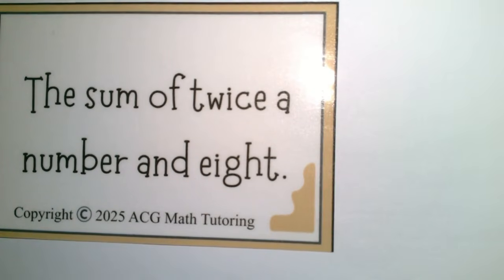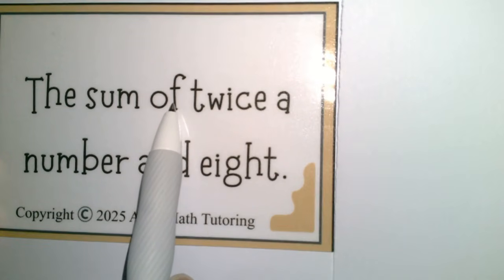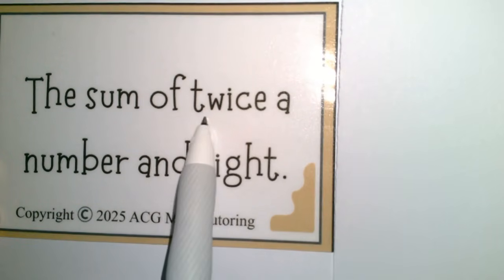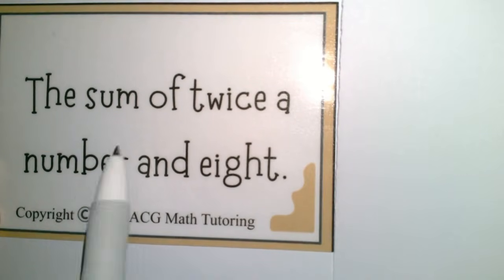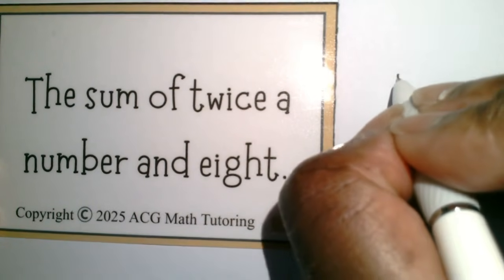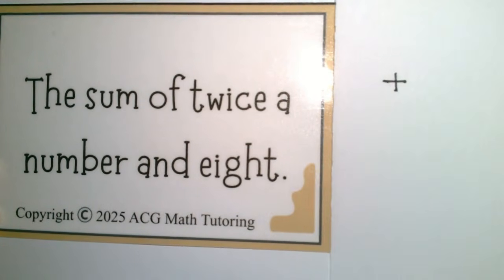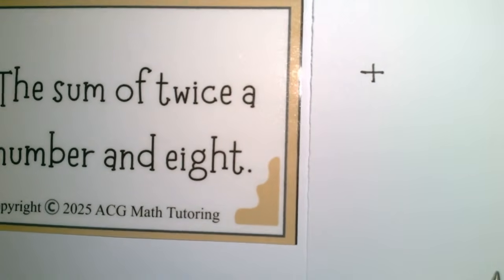All right, so let's take a look because I'm getting a lot of different things. First off, we have two things happening. We have the sum of, so that's one operation. Then we also have twice a number. That's another operation. So when they say the sum of, that means I'm adding something. And I'm adding two things. So we just need to figure out what those two things are.